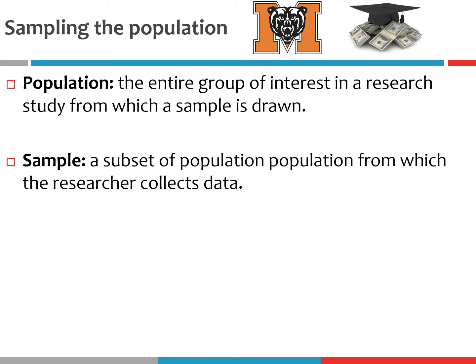So a sample is a subset of the population from which the researcher collects data. So using what we learn from the smaller group or the sample, we can make inferences concerning the larger population.